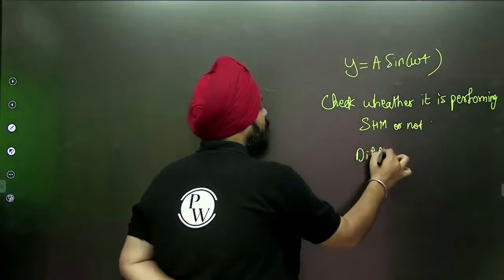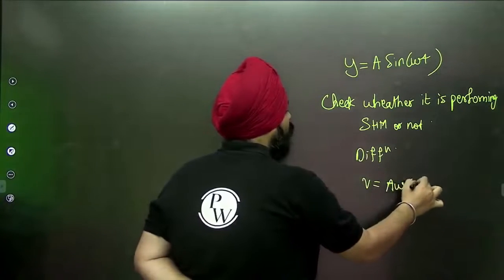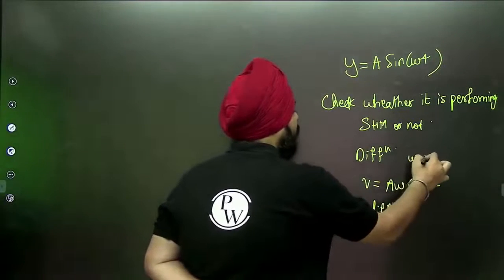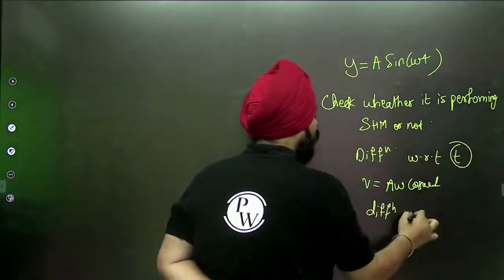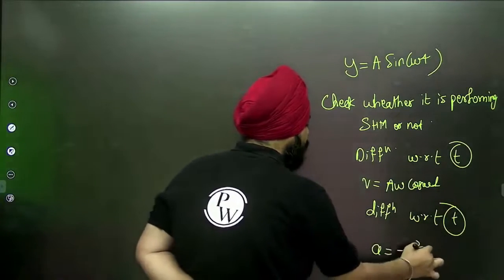Differentiate this equation, so velocity is equal to A omega cos of omega t. Again differentiate with respect to time. We get acceleration is equal to minus omega square x.